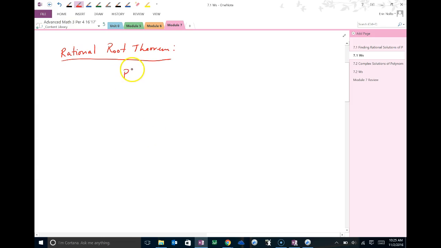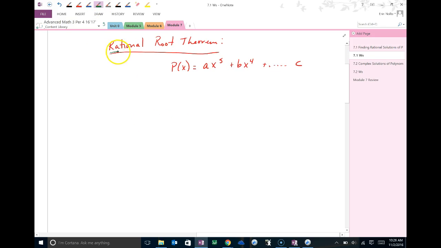Let's say we have some polynomial, we'll call it p of x, and it starts out as ax to the fifth plus bx to the fourth plus blah blah blah all the way back to the constant. So the idea of the rational root theorem, hold on, let's go back a little bit. I feel like we need to talk about this. Before I go further, what does the word rational mean?